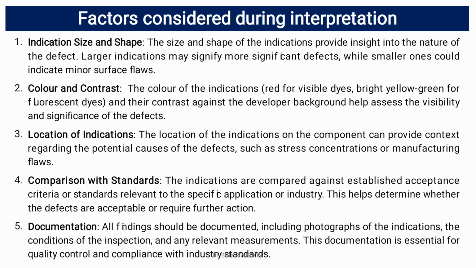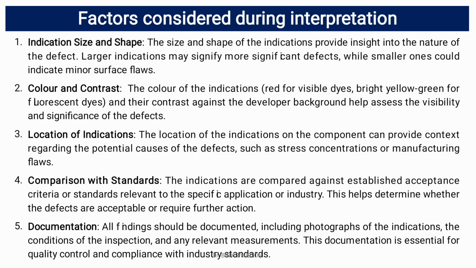The factors that must be considered during inspection include indication size and shape, color and contrast, location of indication, comparison with standard, and documentation. The size and shape of the indication provide insight into the nature of the defect.